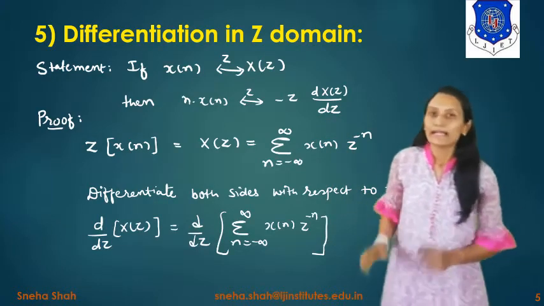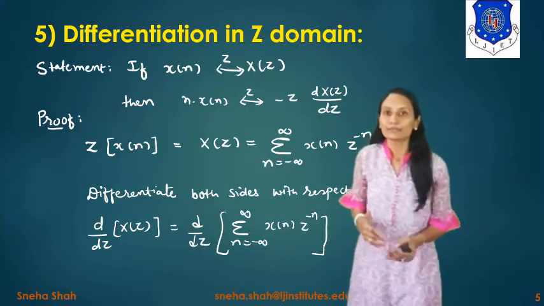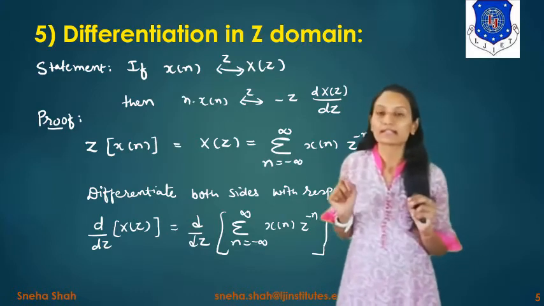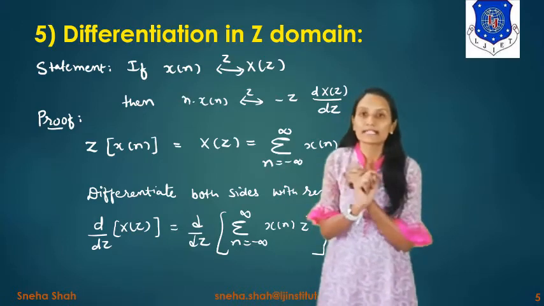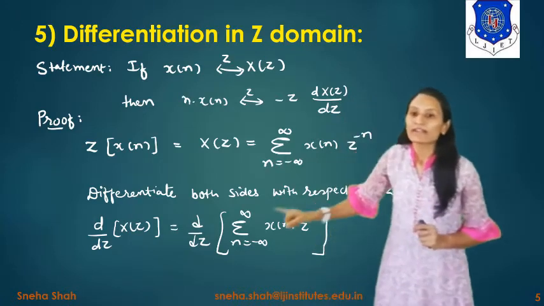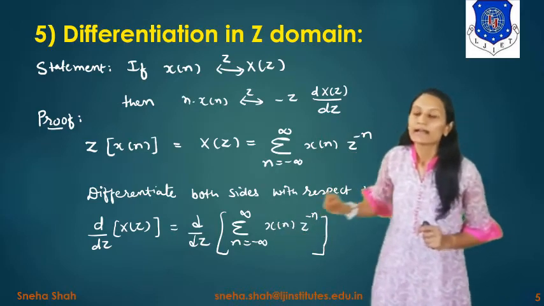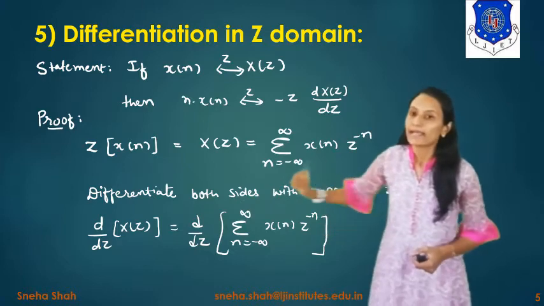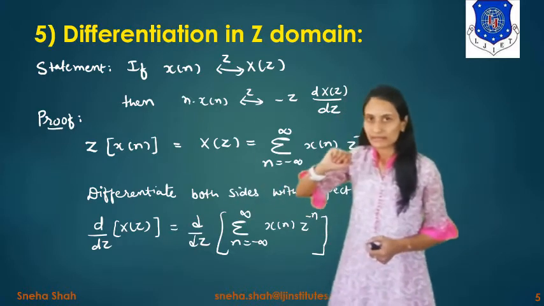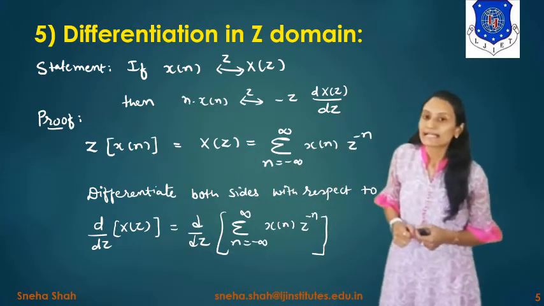Right. Now here we will apply a rule. If there is a summation and a differentiation, then we can change the order of it. So if I am changing the order here, then what will be the order? This differentiation goes over here and the summation goes outside. So what will be the next step?